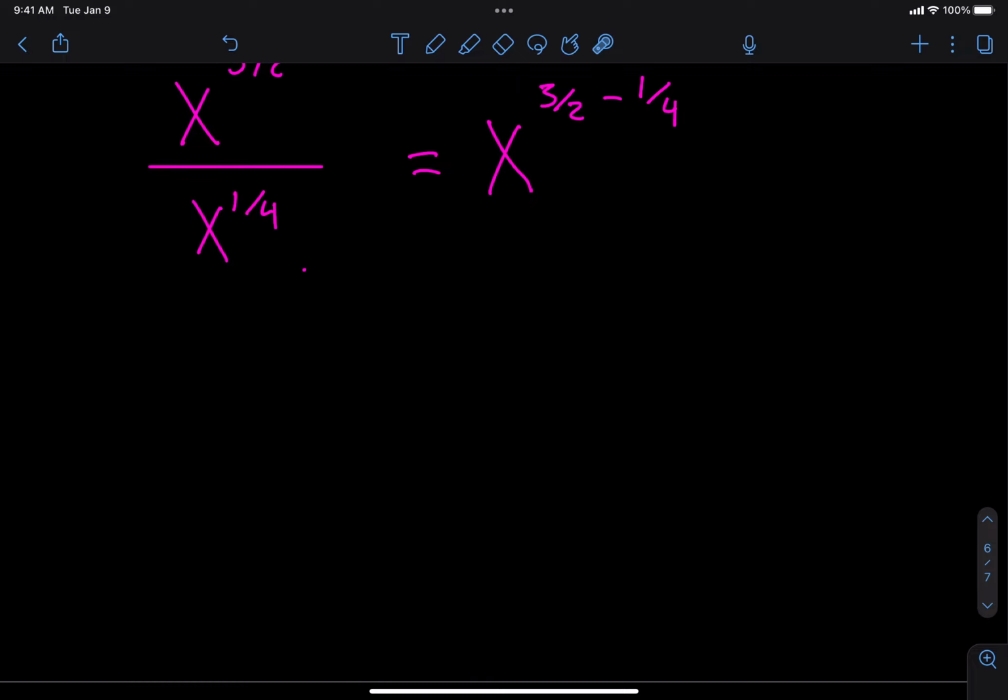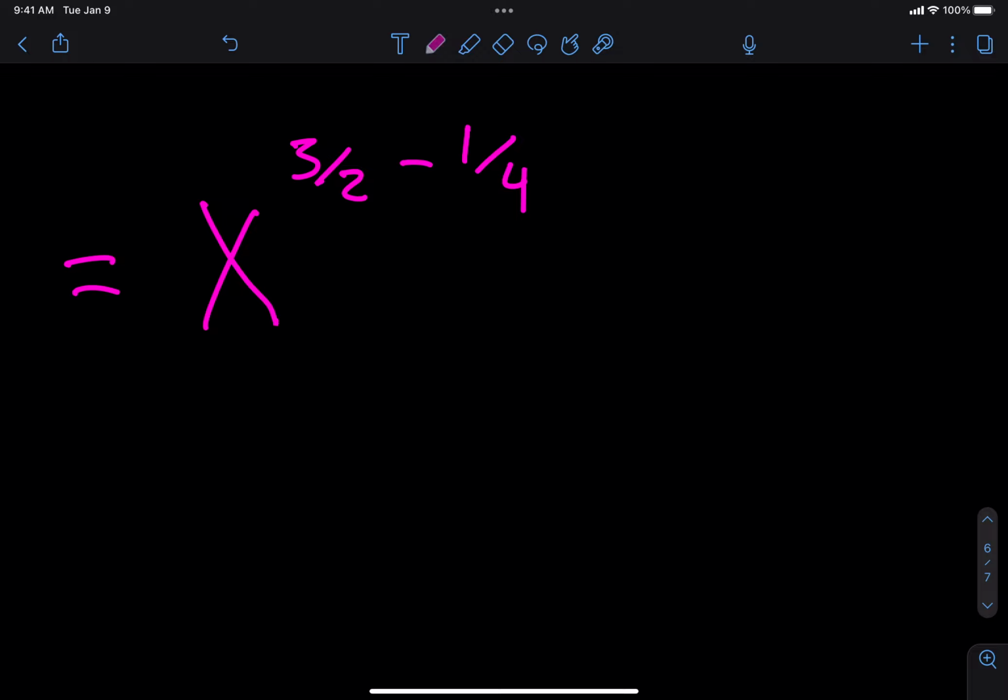I need to perform this fraction subtraction. Okay, so how do I subtract 1/4 from 3/2? Sully already told us we need to find a common denominator. So I'm going to rewrite x, and how am I going to rewrite 3/2? 6/4.